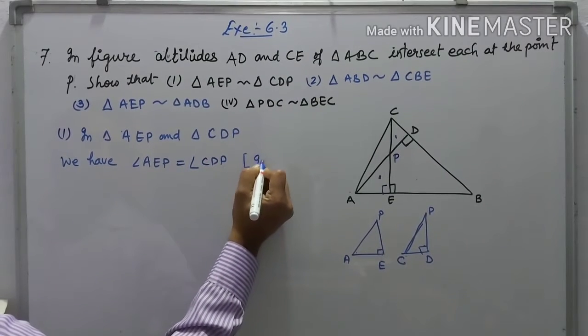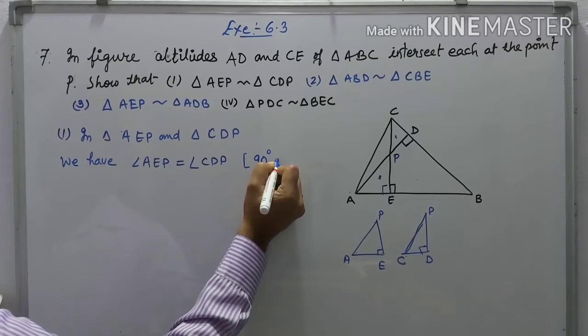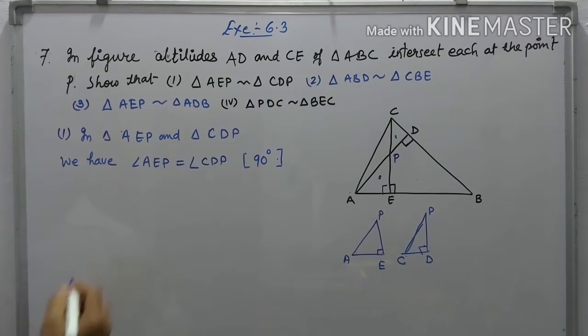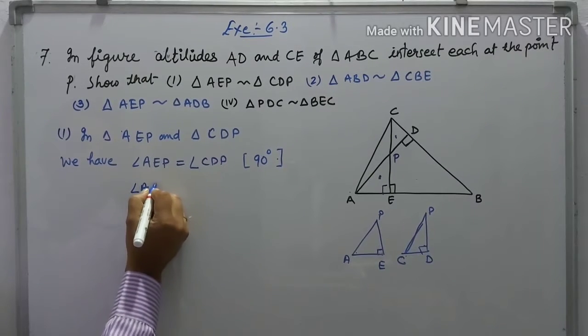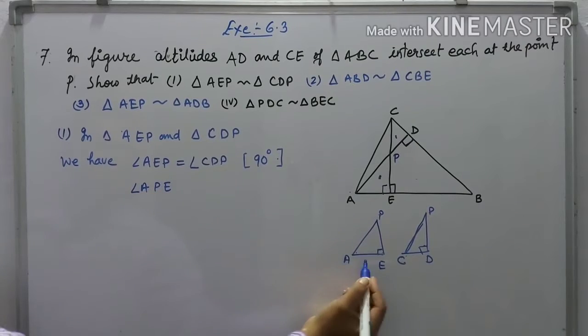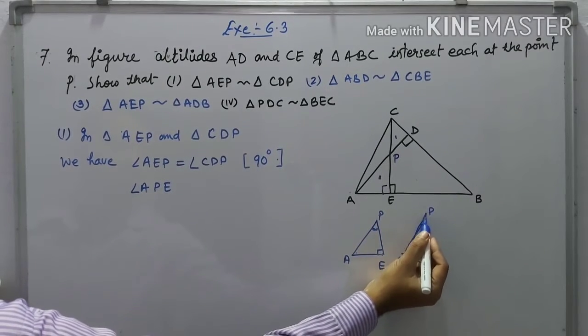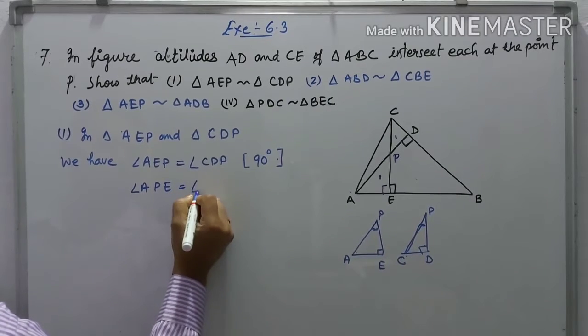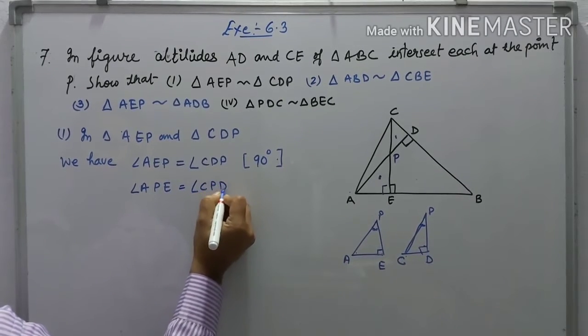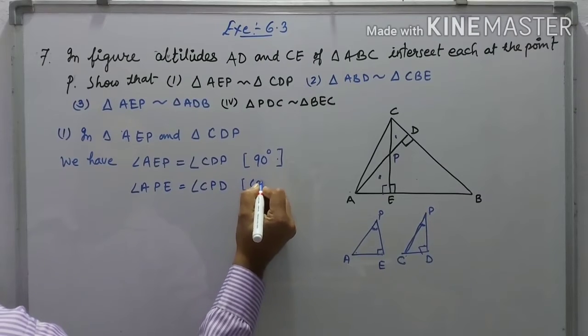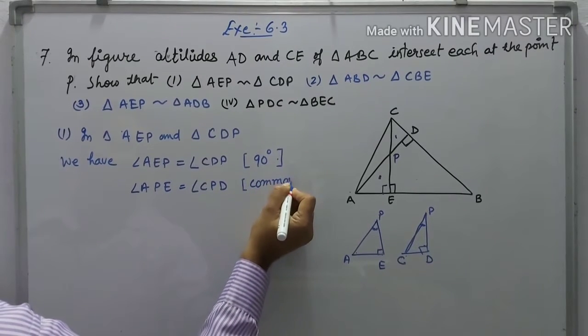Why? Because they are 90 degree angles. And angle APE is common to angle CPD. Why? Because this is the common angle.